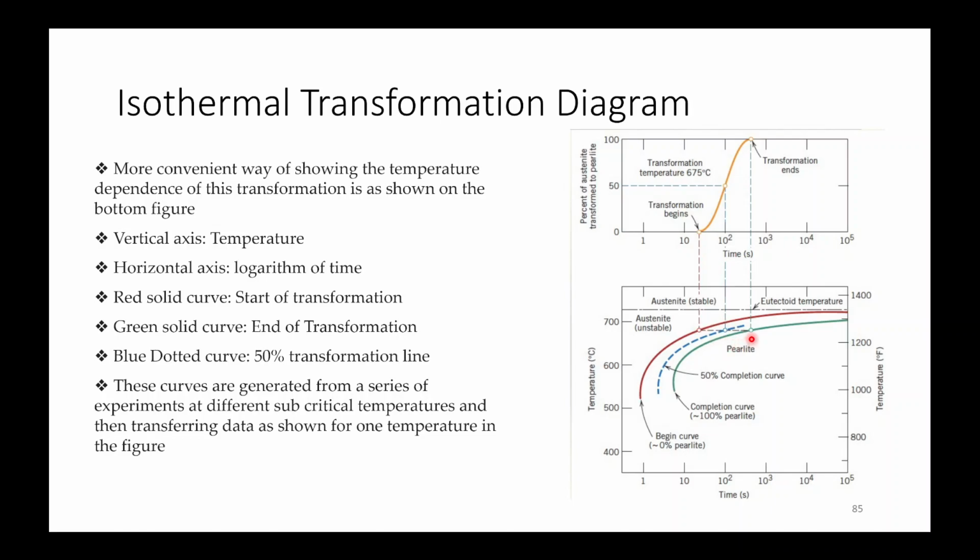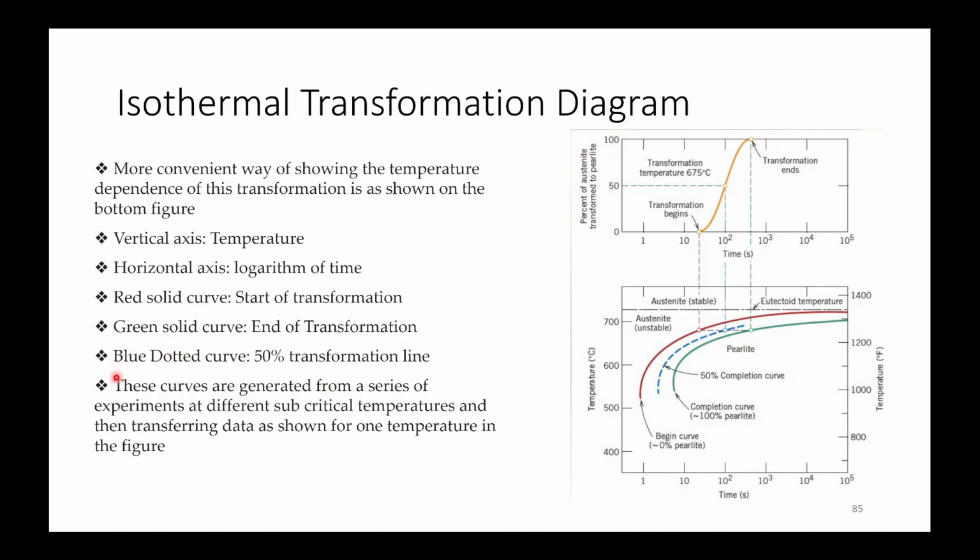So these graphs are plotted from these transformation curves. Now a more convenient way of showing the temperature dependence of this transformation is shown in this figure. So in this case, your vertical axis is temperature and time is on the x-axis.